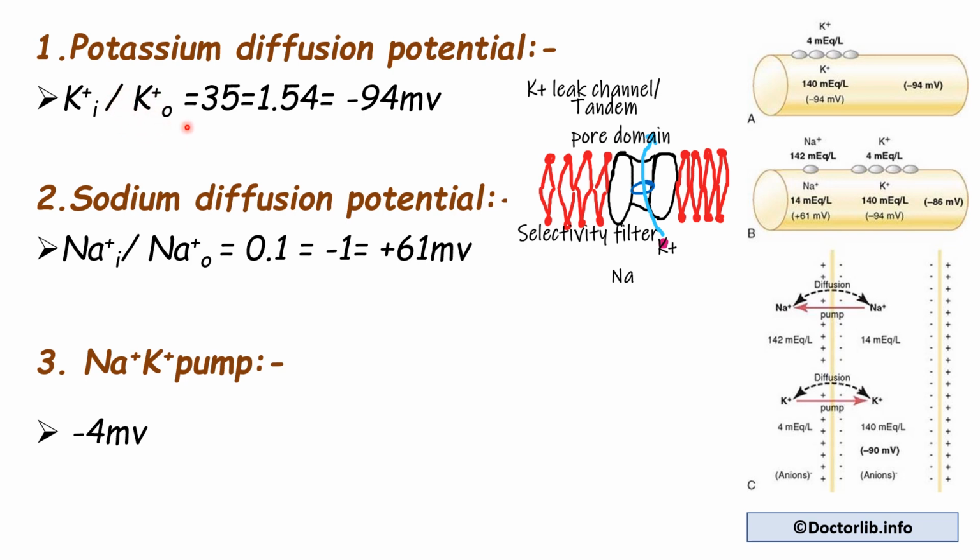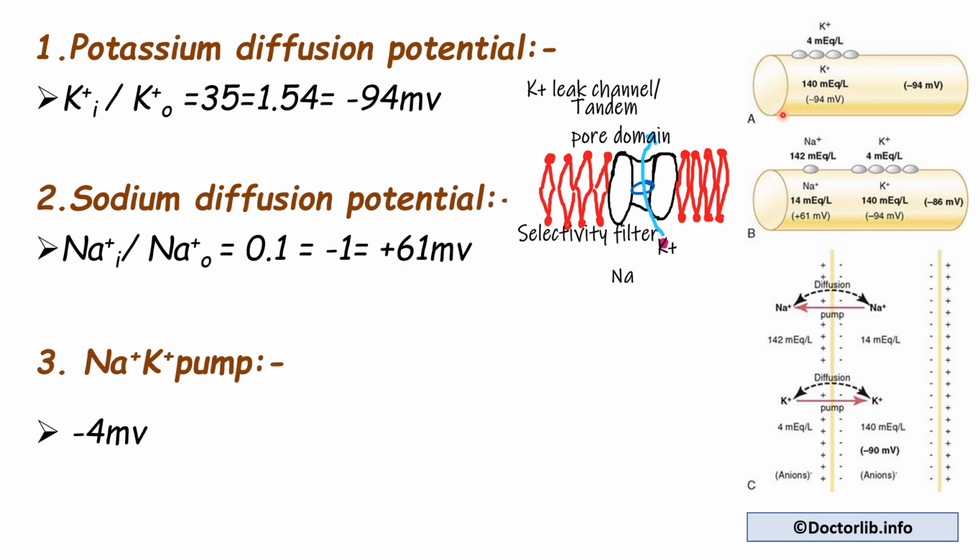Here it will be minus 61 times the log of 35, which is 1.54, and it comes to minus 94 millivolts. I will not go into how to derive it, we have already discussed this. The same is the case with sodium, whose diffusion potential is plus 61 millivolts.